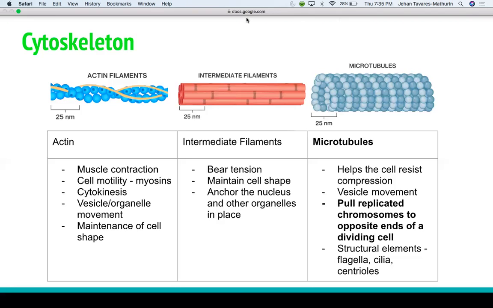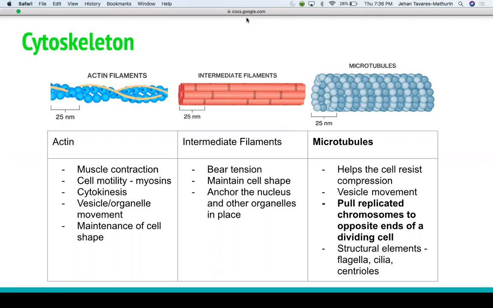That's something she's going to ask a bunch of questions about, especially if you have a cancer cell, what kind of drug would you introduce to help stop the cancer from replicating? So how could you destabilize the microtubule so it couldn't pull the chromosome to each end? Because if you can't do that, then the cell can't divide.